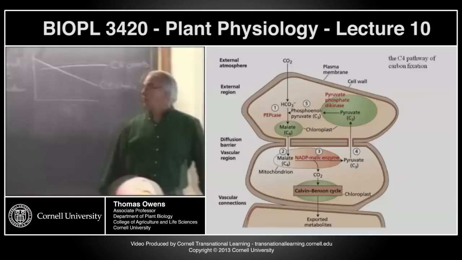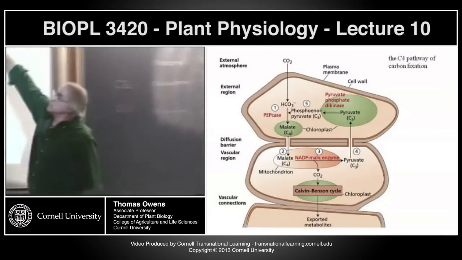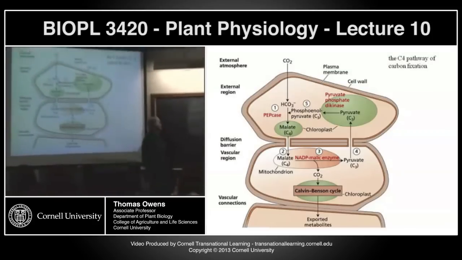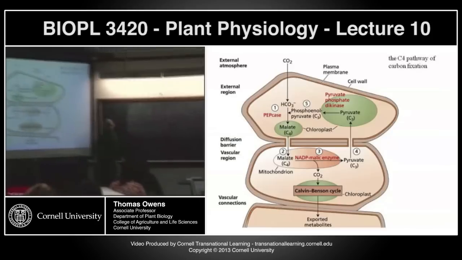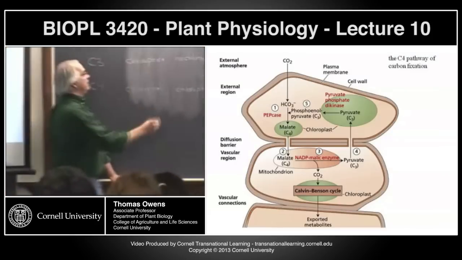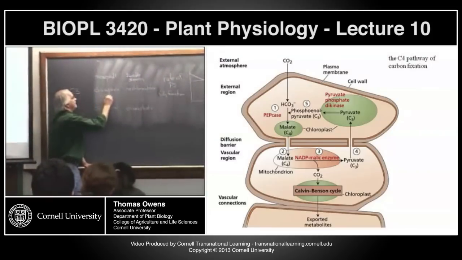And this is sort of a summary of the biochemistry of what's going on in the mesophyll cells versus the bundle sheath cells. Let's just take a quick look at this, and then we'll go back and look at the details of it. So in C3 plants, the chloroplasts have Rubisco and the Calvin cycle.